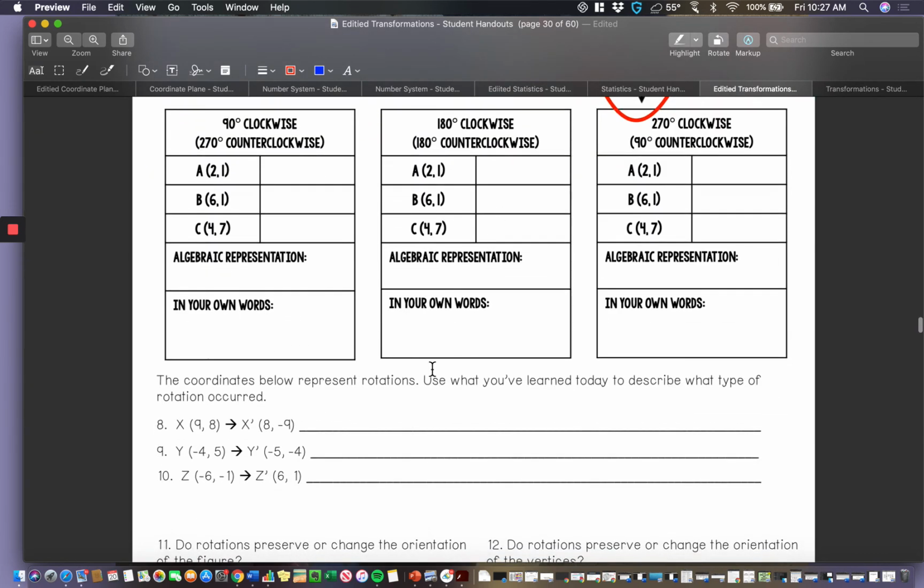Looks like that was a 90-degree rotation. Now if that's a 90-degree rotation clockwise, that means we also have a counterclockwise rotation of 270 degrees, because you can go the other way too.